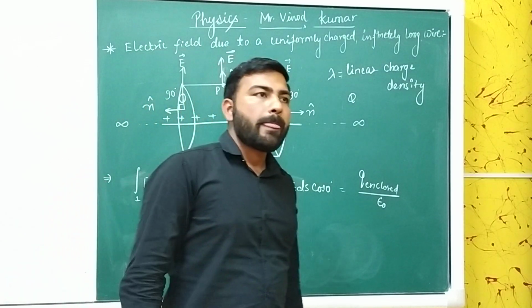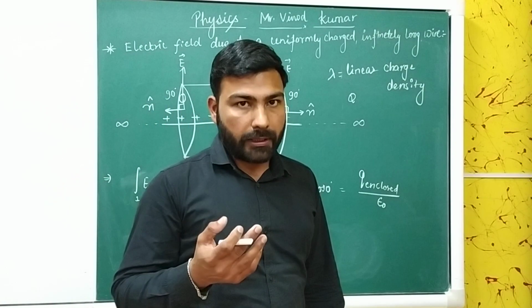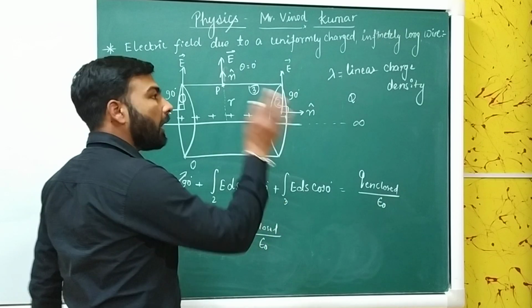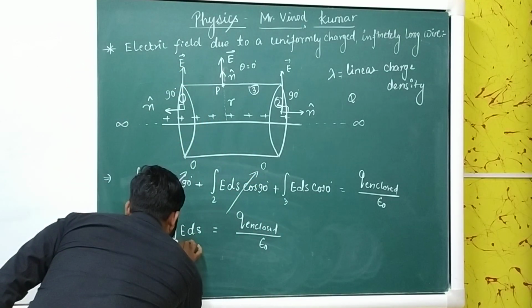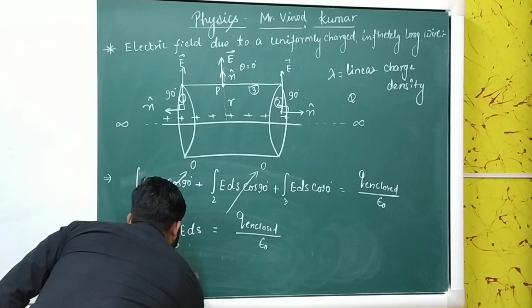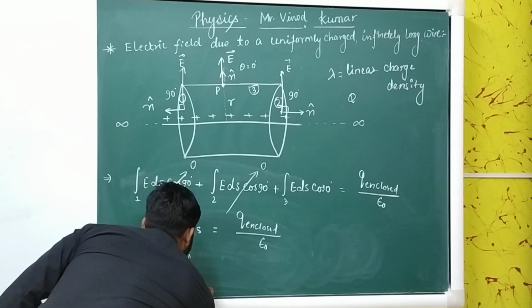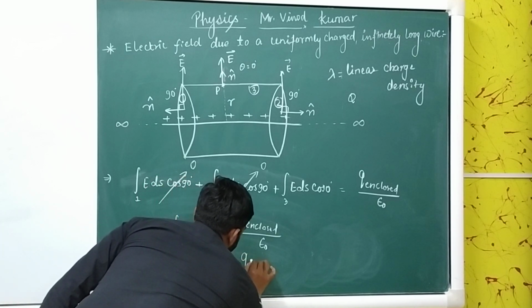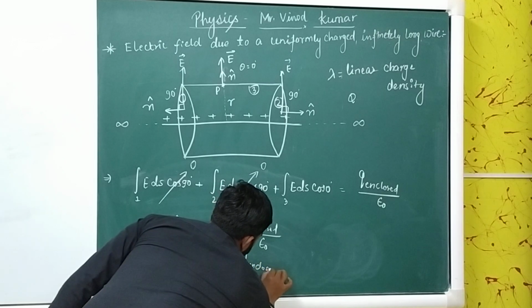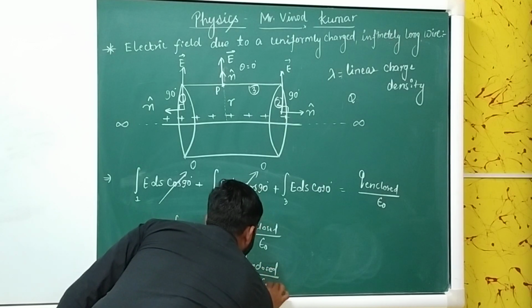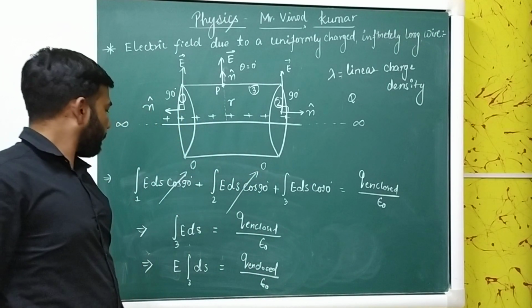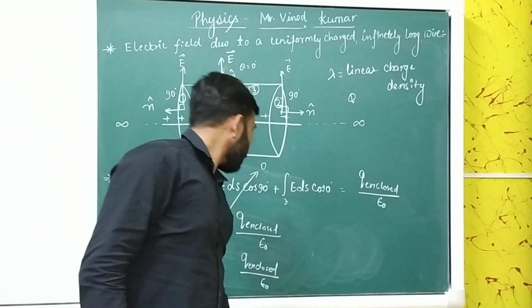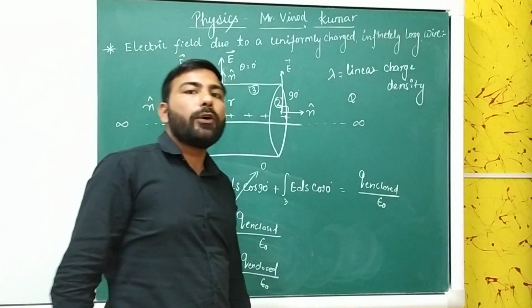So the electric field is constant, and it can be taken out of the integration, and it will be simply E into the third surface integration of area vector equal to Q enclosed upon epsilon naught. Now our task is to find out Q enclosed.